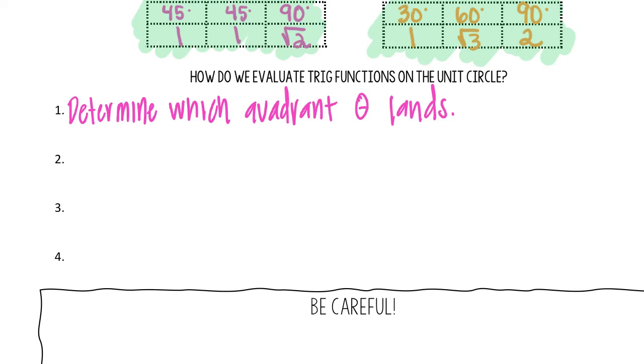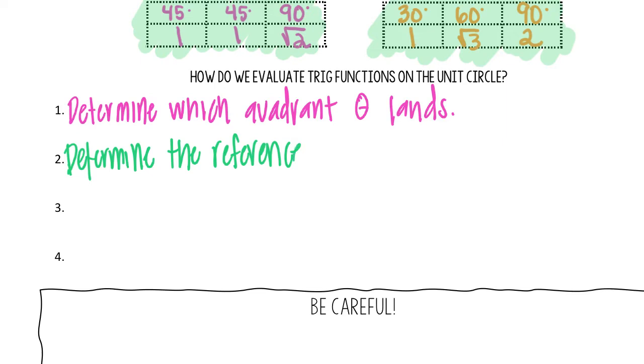you would have to figure out what quadrant does 5 pi over 4 land in. Your next step is to determine the reference angle. Remember, with unit circle angles, it is always going to be 30, 60, or 45 degrees.